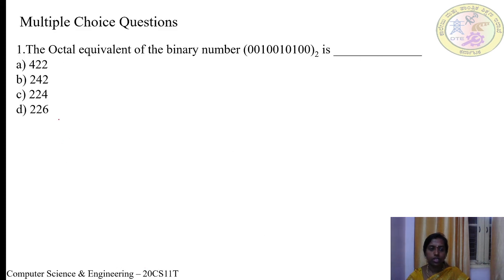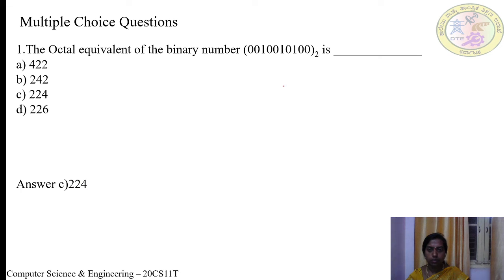Next we move on to the multiple choice questions. The octal equivalent of the binary number 0010010100 base value 2 is: options are A 422, B 242, C 224 and D 226. Answer is C, 224.